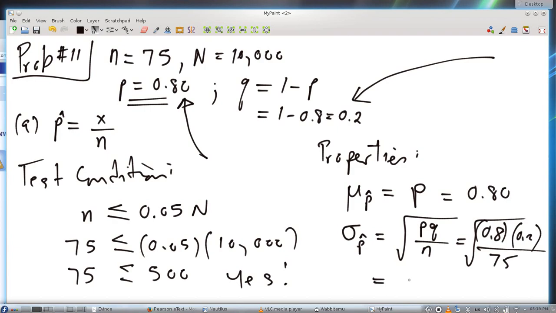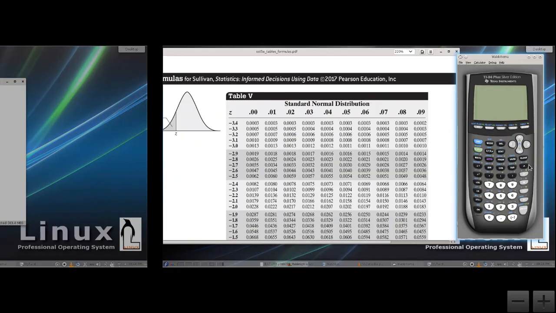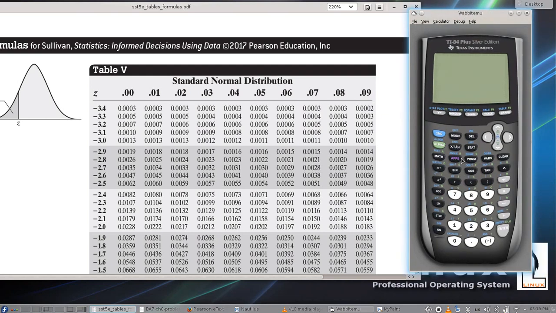And so let's see if I can remember where I had. Okay, it is my calculator. So here is the result of that.